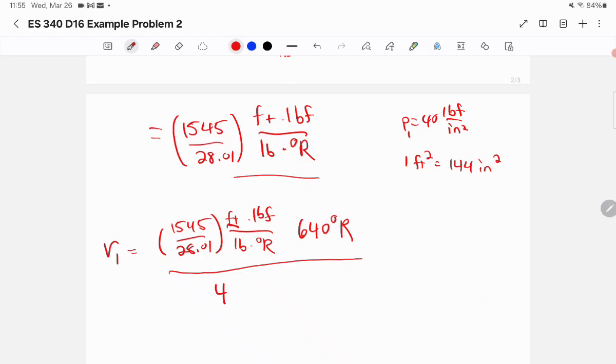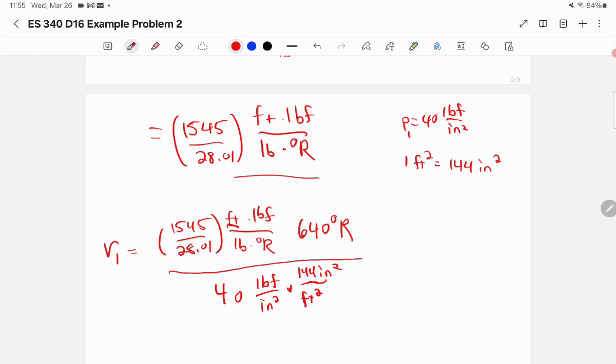So it's going to be 40 pound force per inch squared, times 144 inches squared per 1 foot squared, right?